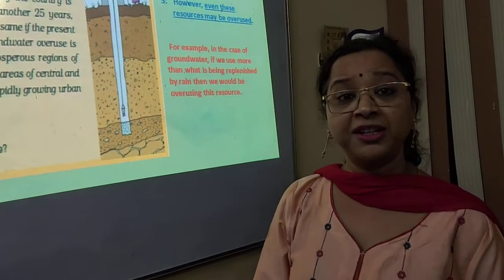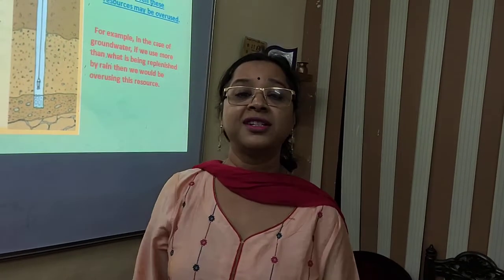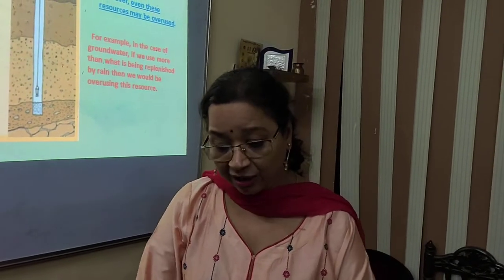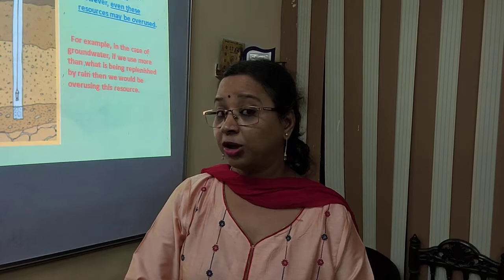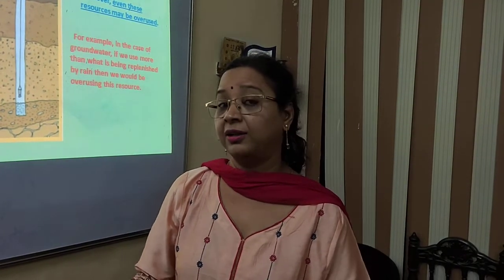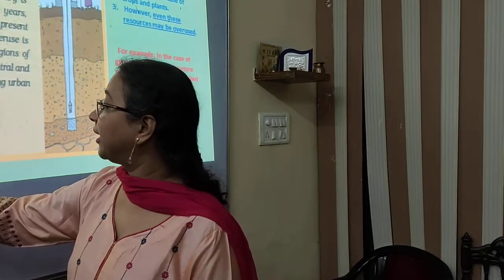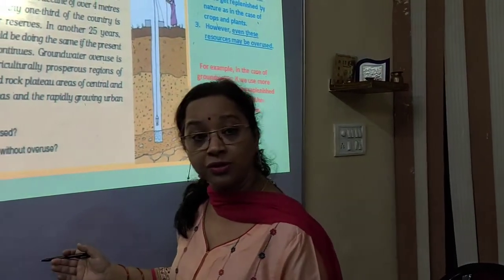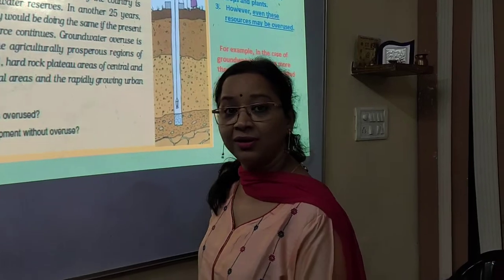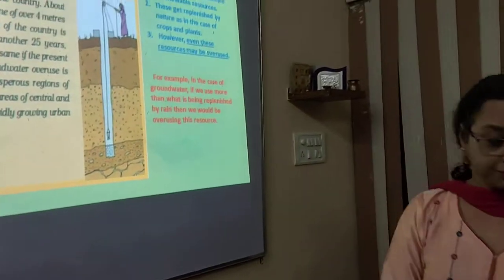In many urban areas, the government has now put a ban on people having their own personal underground water system, because underground water does not belong to a person personally, rather it is a community resource. So now think for yourself, why is groundwater overused? Can there be development without overuse or not? Let us take one more example.